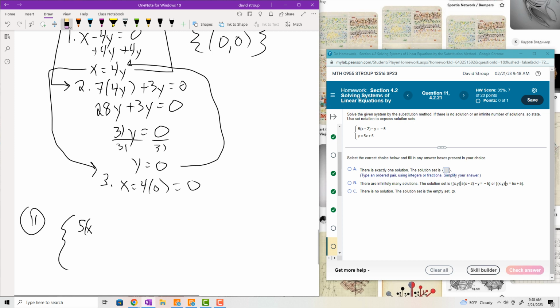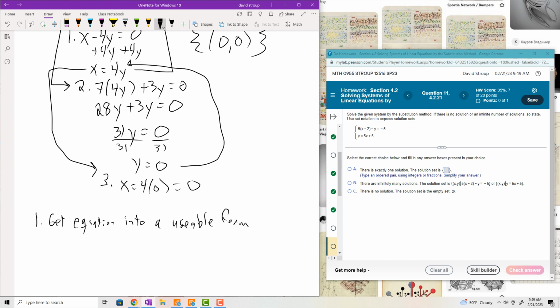So a rule of thumb, I guess: first get both equations, or any equation that's kind of a mess, into a usable form.